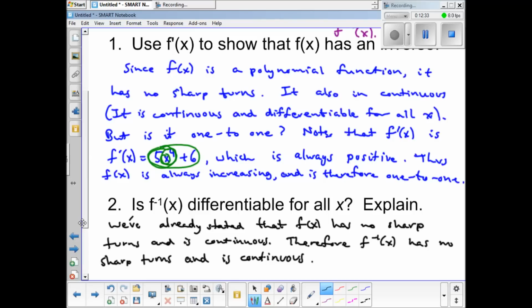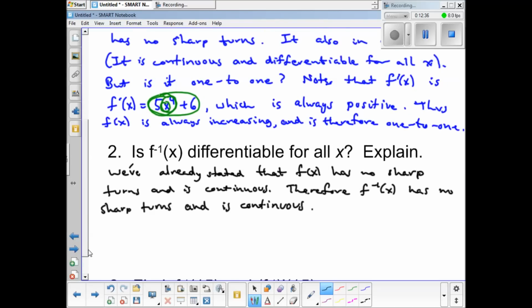Now, does that mean it's differentiable? No, there's always one more little thing, and that's to do with the vertical tangent. We also know that f prime of x is always positive.